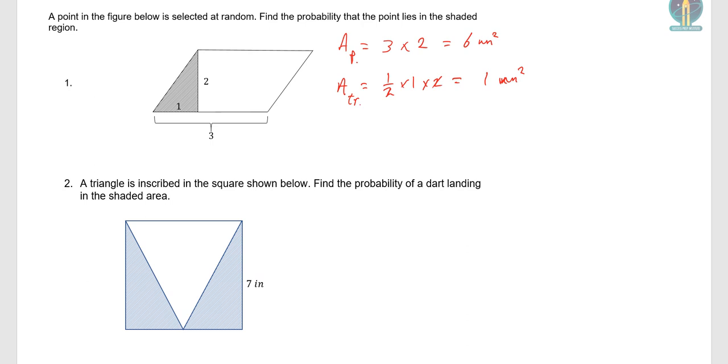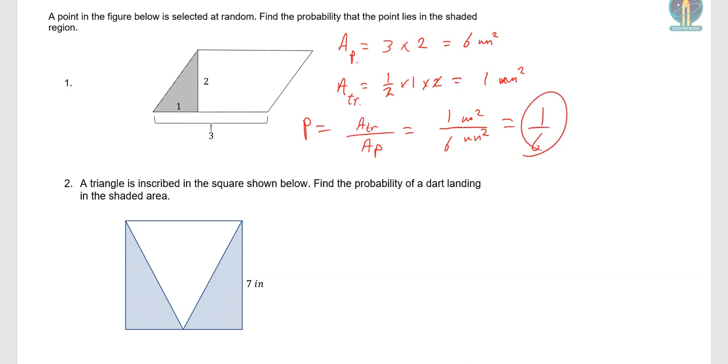Essentially all we need is to divide the area of the triangle by the area of the entire figure, which is the parallelogram. So the probability is the area of the triangle divided by the area of the parallelogram, which is 1 over 6, so 1 unit squared divided by 6 units squared, which is 1/6.